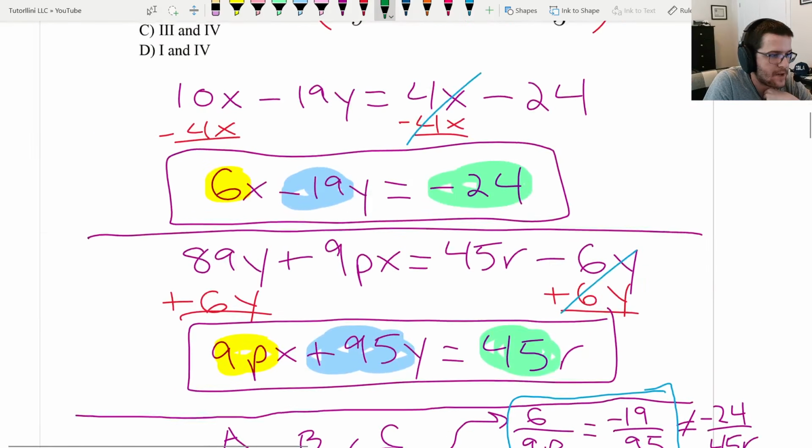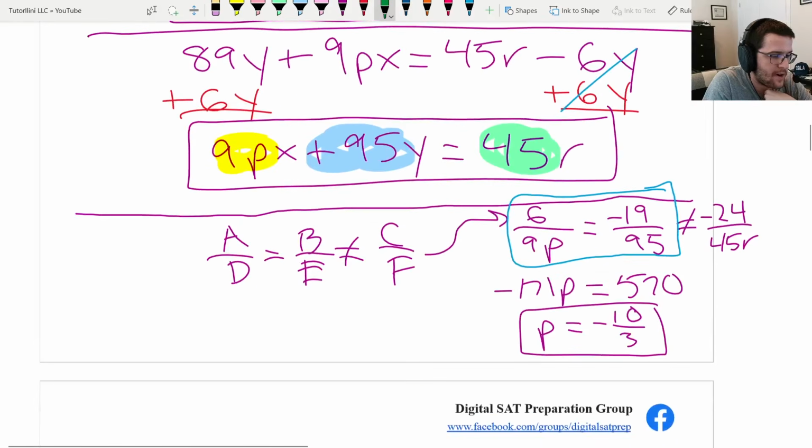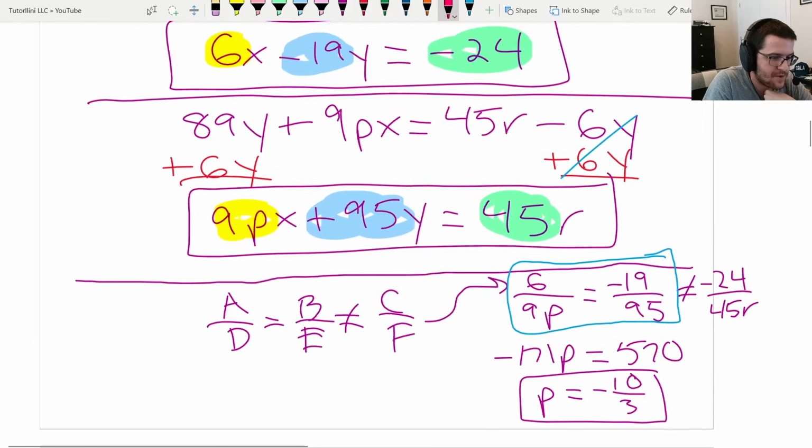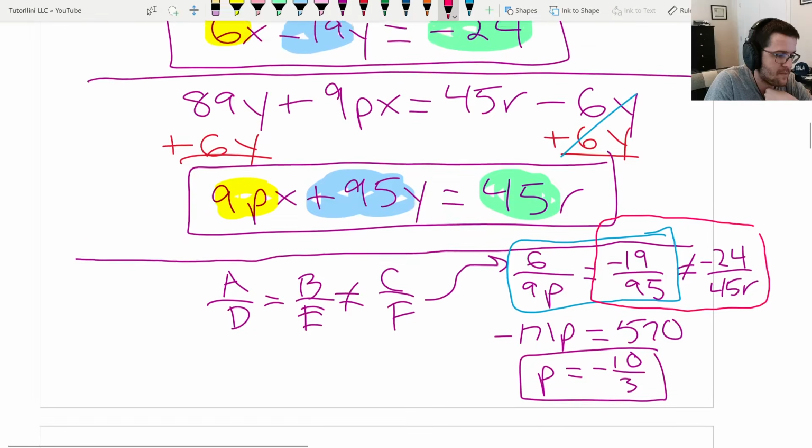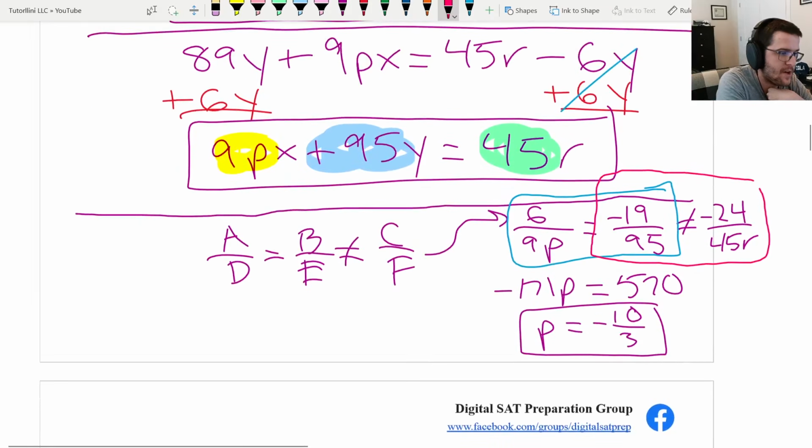And now we're going to try to figure out something about r. So why don't we use this side? And I know I'm all over the place here, guys. I'm kind of running out of room. Why don't I do this over here?